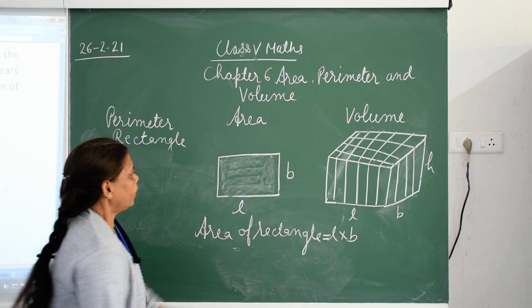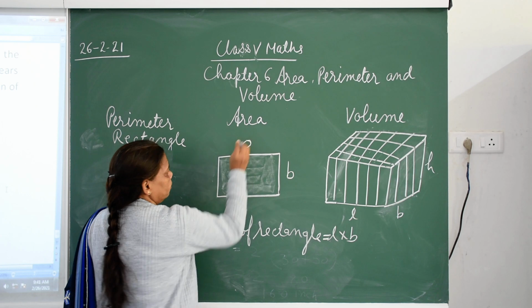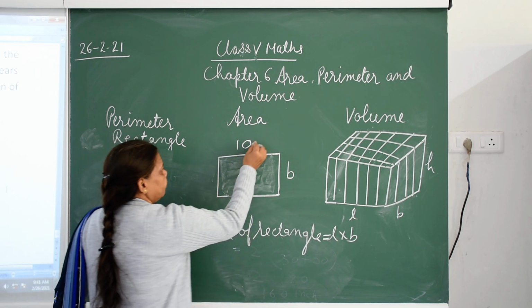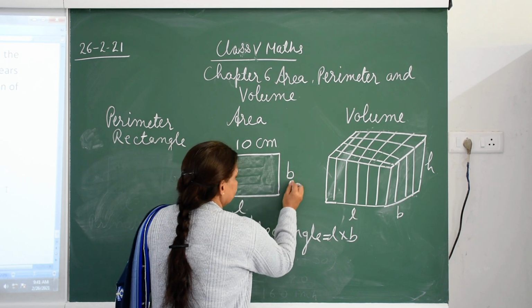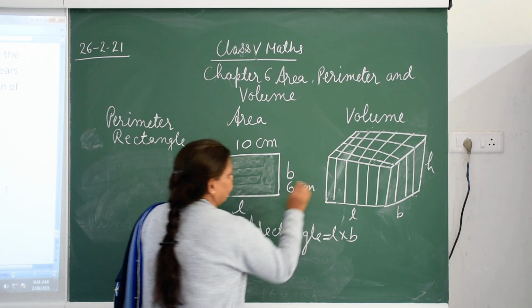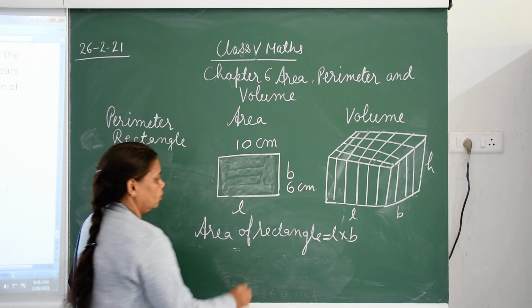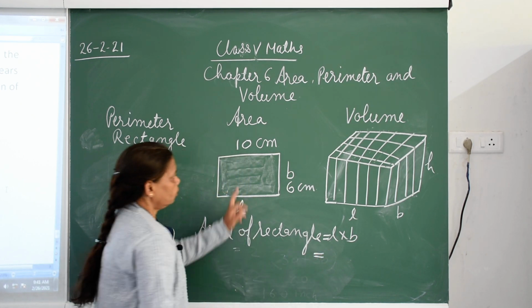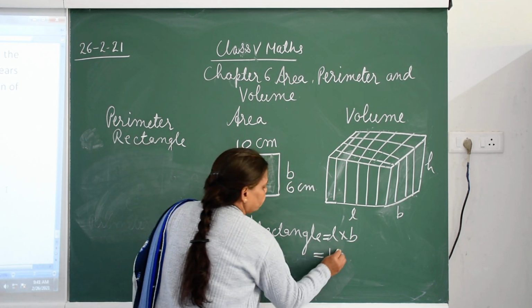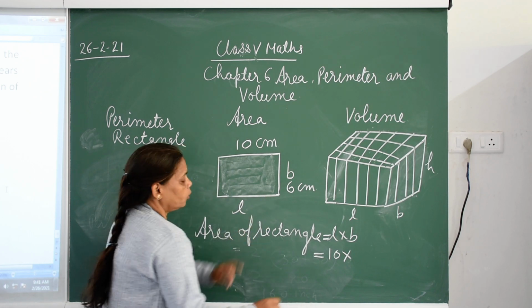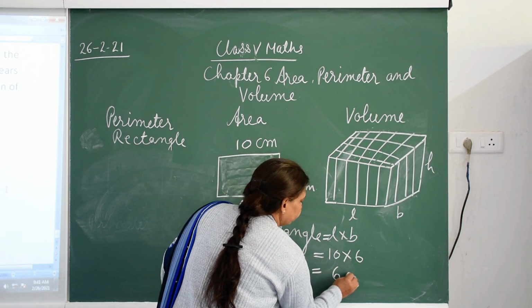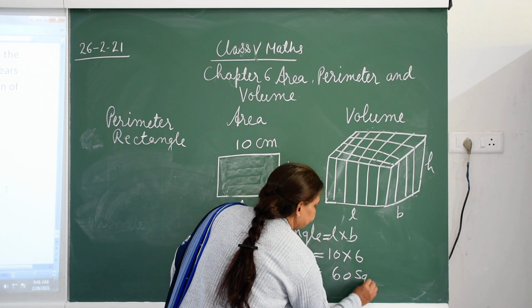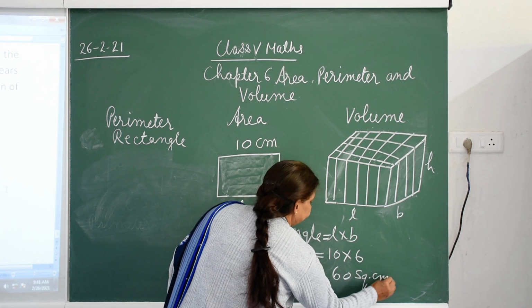breadth. So here we will take one more example, 10 centimeter length and 6 centimeter breadth. So we will put the value, length is equal to 10 and breadth is equal to 6. So area of a rectangle is 60 square centimeter.